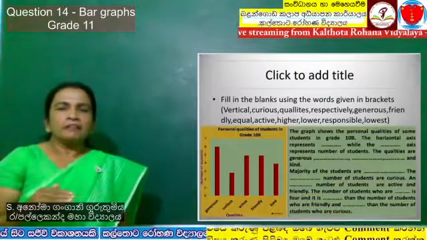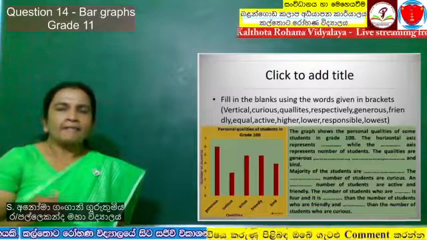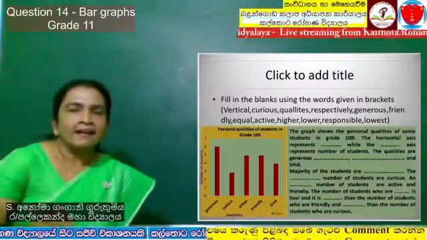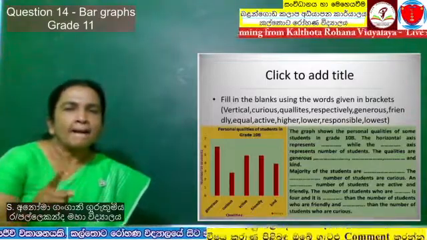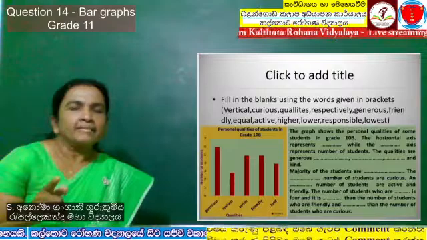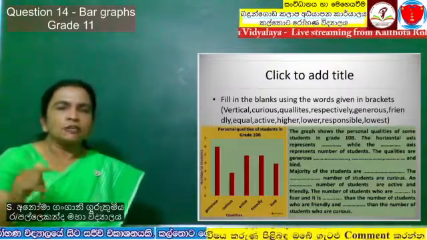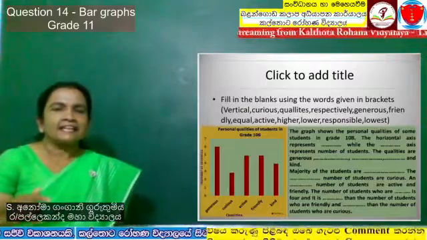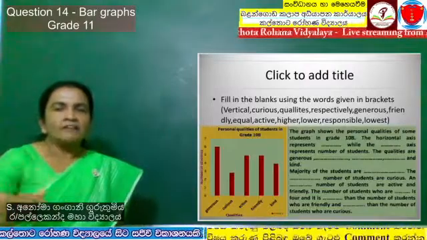And the number of students who are, what is it? Curious. Curious is 4 and it is, what is the word here? Lowest.